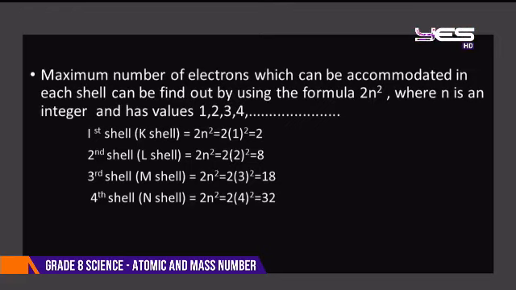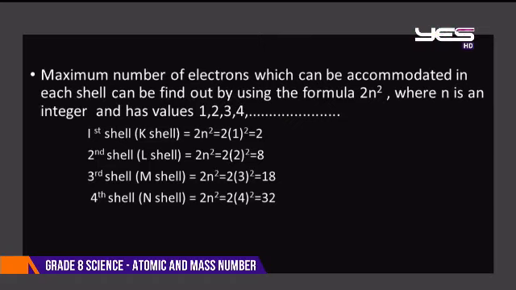Apply the general formula 2n square. 2 into 3 square. 3 square is 3 into 3, that is 9. 9 into 2, total we will get 18. M shell can accommodate maximum 18 electrons.